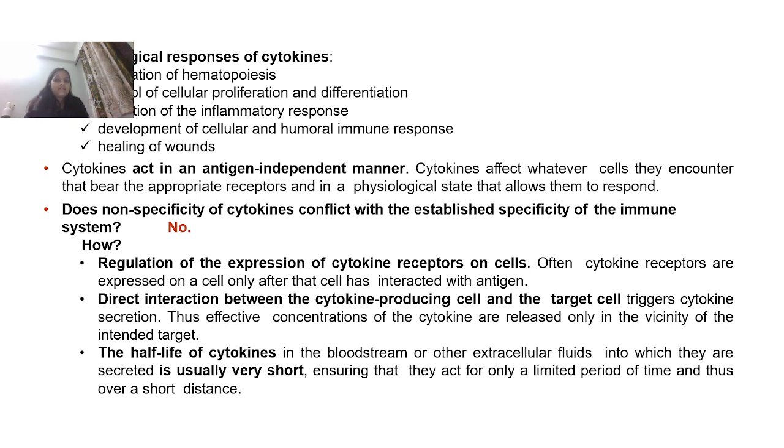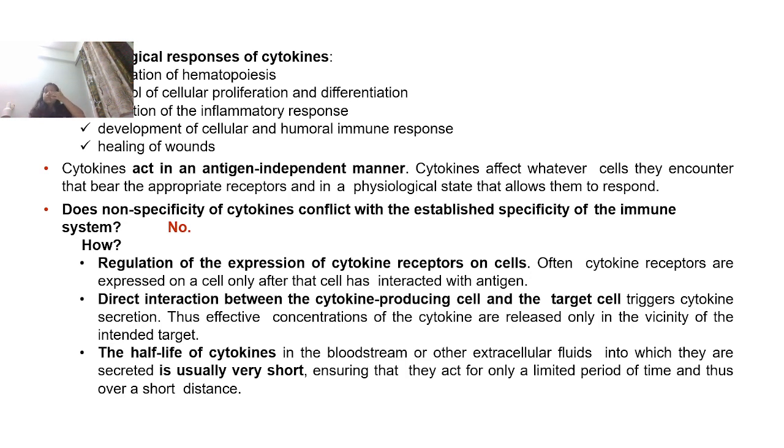But does it affect the specificity of the immune system? The answer is no. Why? Because the cytokine receptors on the different kinds of cells are regulated. So not all the cells will be expressing the cytokine receptors.